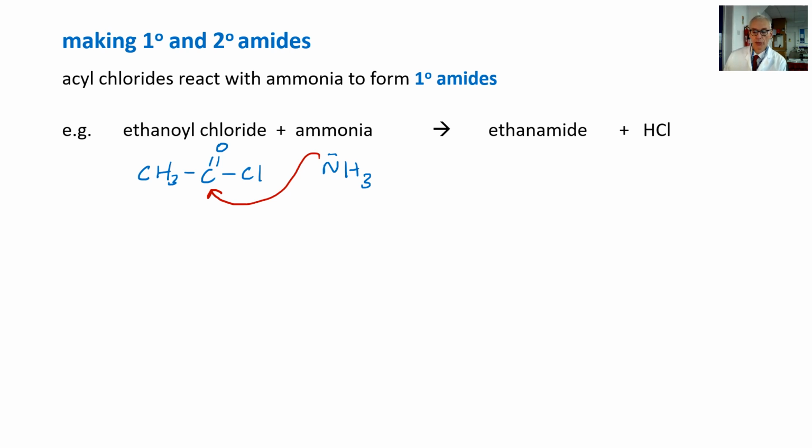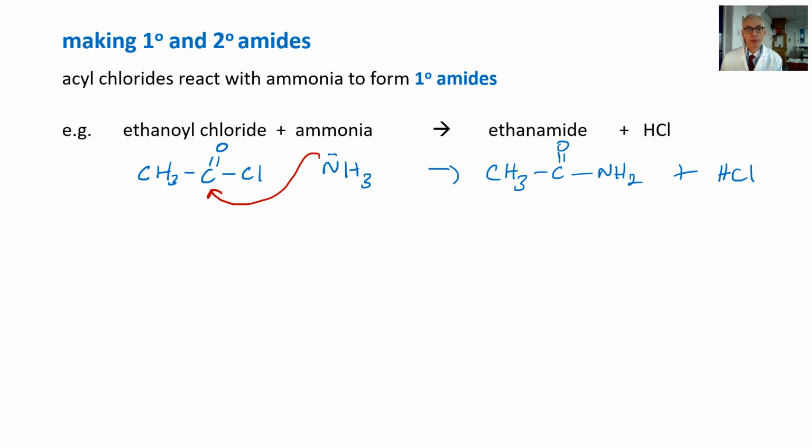So what are the products? Ethanamide. So the carbonyl is retained, but the chlorine is eliminated as part of the hydrogen chloride molecule, and there is our ethanamide.